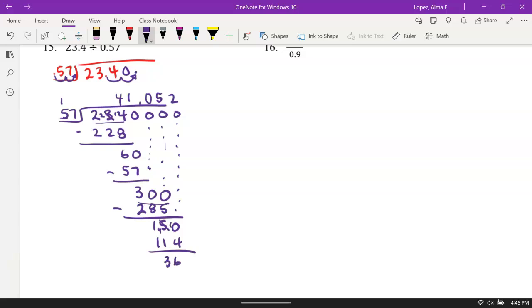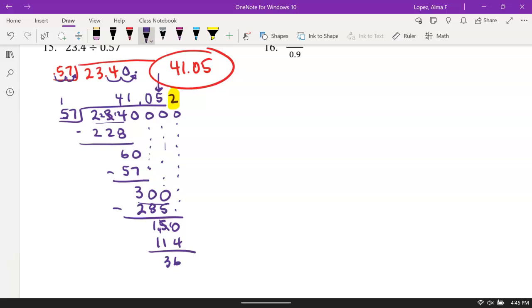It doesn't go into it anymore, but now I have to round. Since I'm trying to round to this position, I'm going to look at the number right after it. Because it's not bigger than 5, remember the rule, my answer will be 41.05.